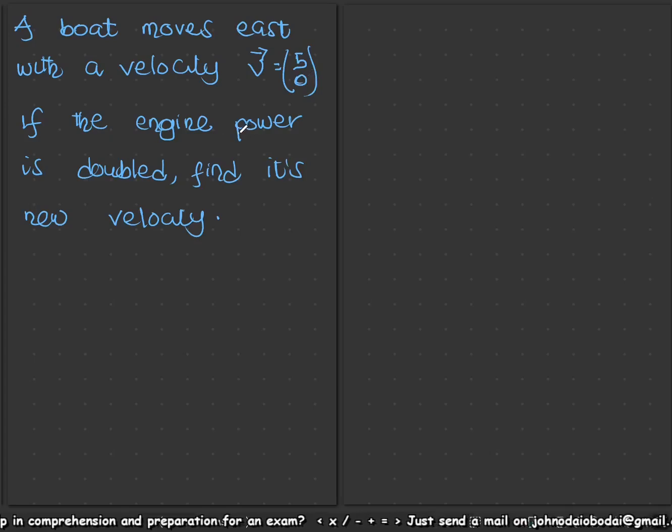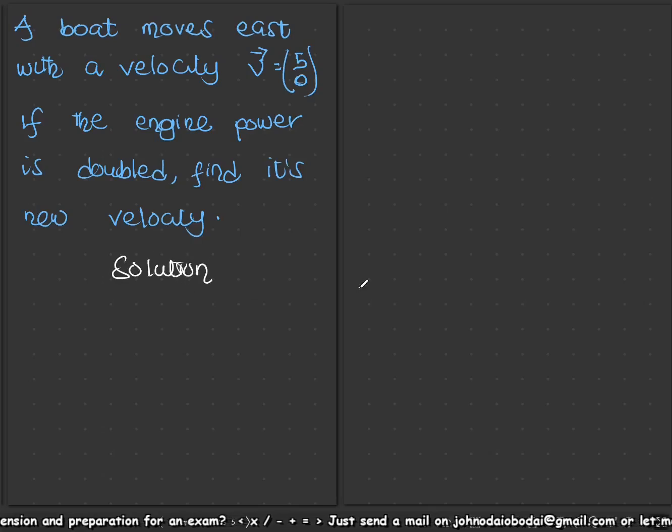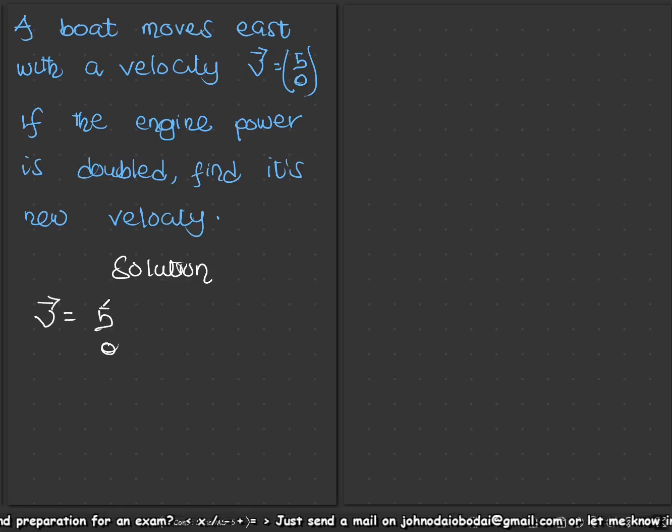If the engine power is doubled, you have to find its new velocity. This is just a simple question that applies scalar multiplication. We know our vector is 50. That is the velocity of the boat.